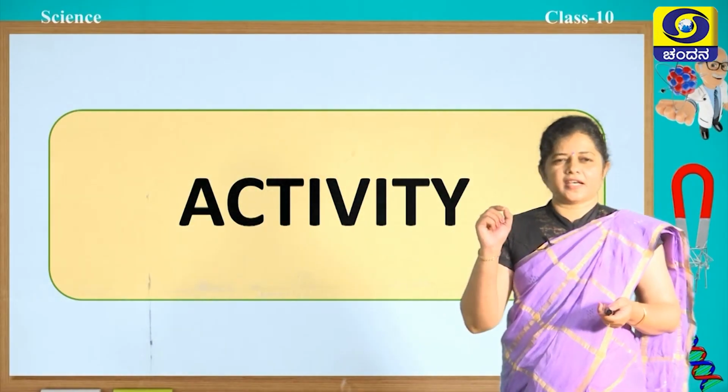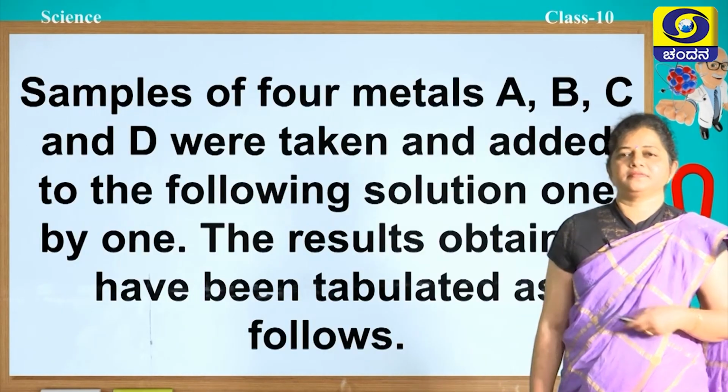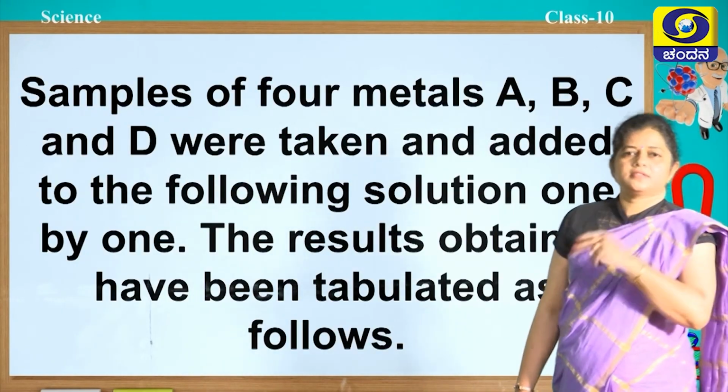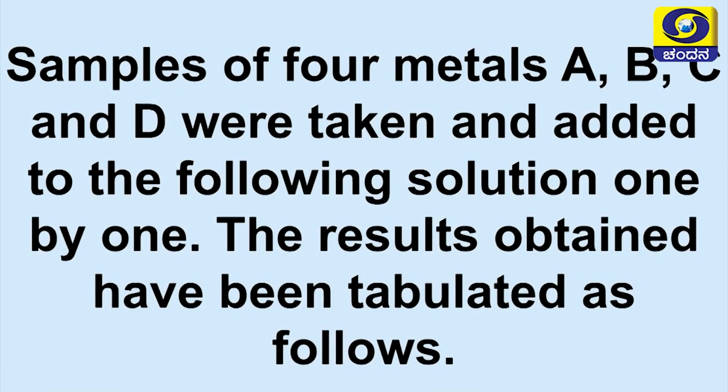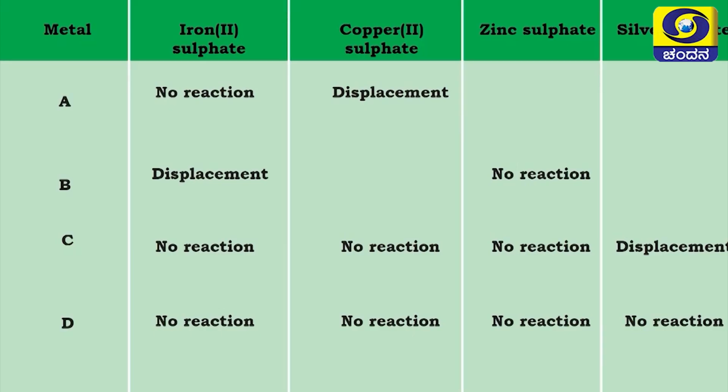Now let's study an activity. Suppose there are 4 metals A, B, C and D. They were taken and added to the following solutions one by one. The results obtained were tabulated as follows. Metal A did not react with iron sulfate, but with copper sulfate it showed some displacement reaction.